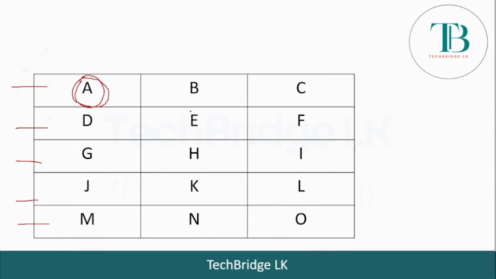If you consider E, it is the second data of the second row. I is the third data of the third row. O is the third data of the fifth row.